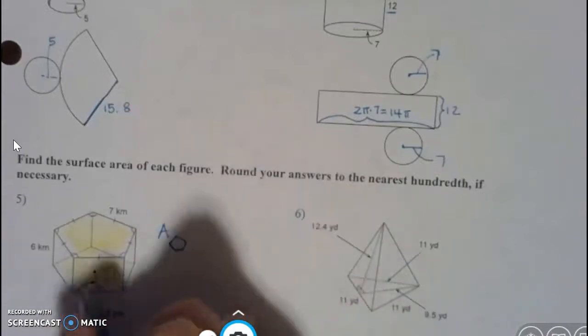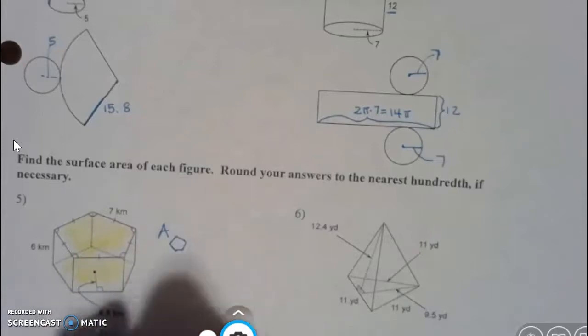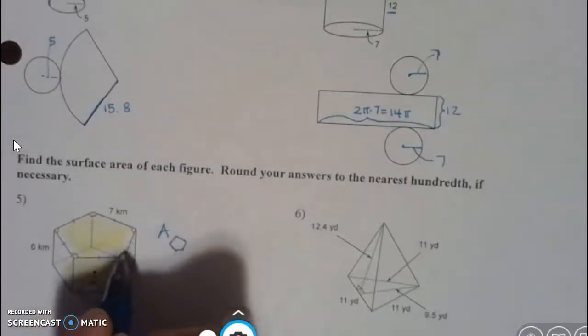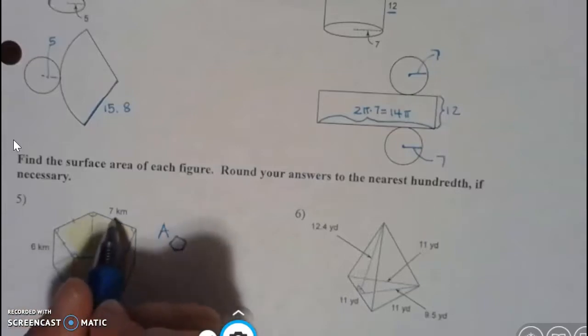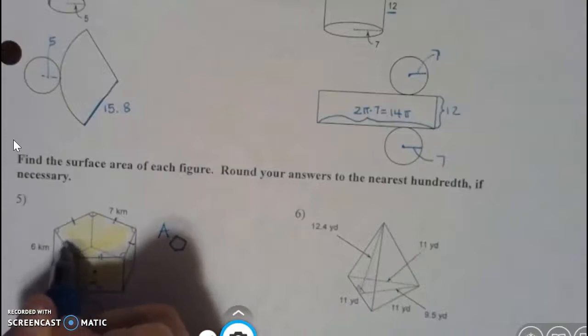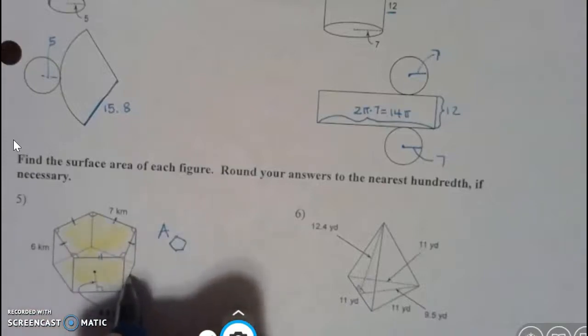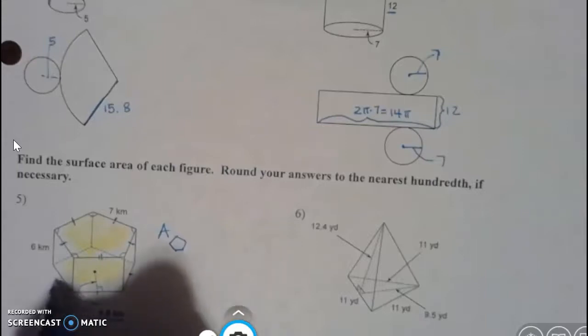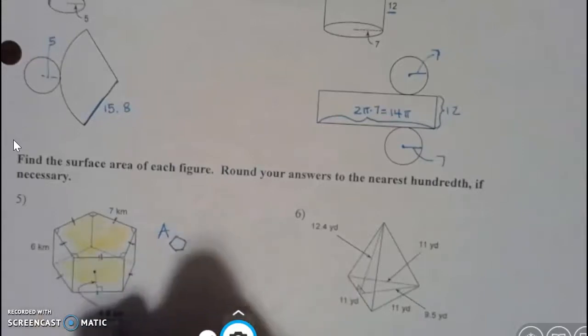We're given the apothem length of 4.8 kilometers. Do we know the side length? Well, we know that this is a regular pentagon because of these notches all the way around. And it's a prism, so that means this length is also 7 here, 7 here, and 7 here all the way around. So the side length is 7.